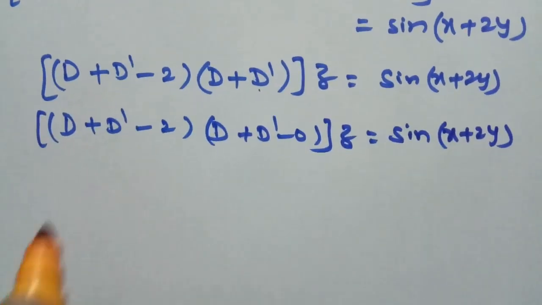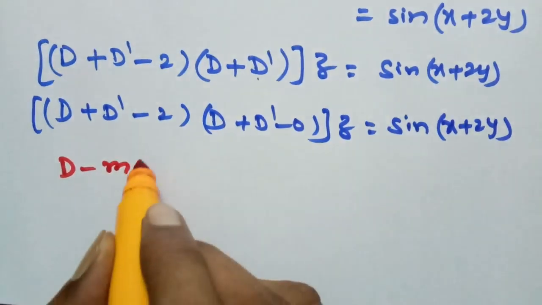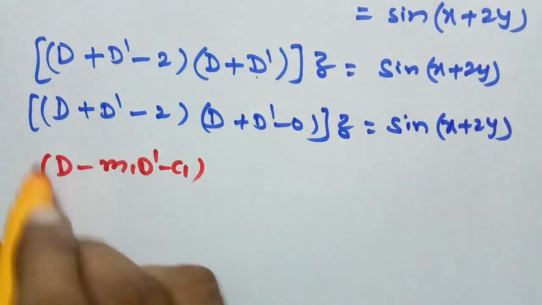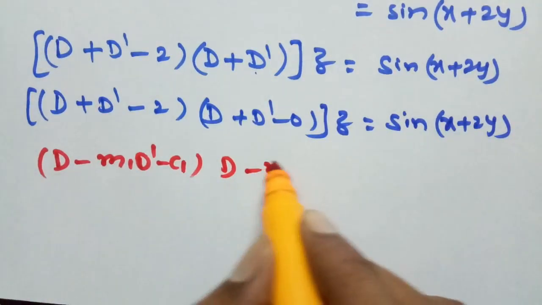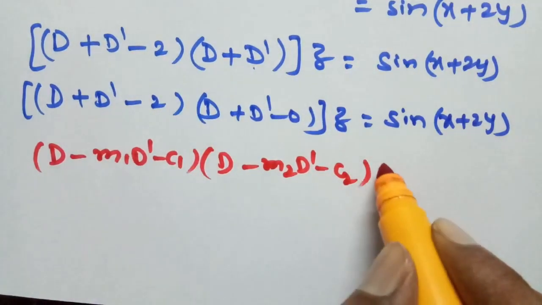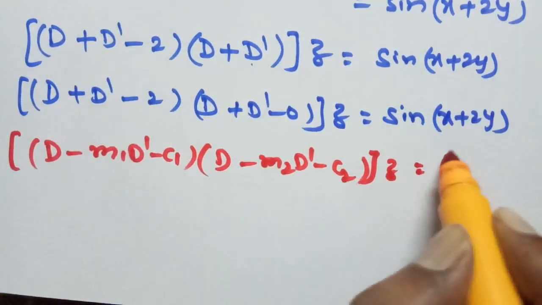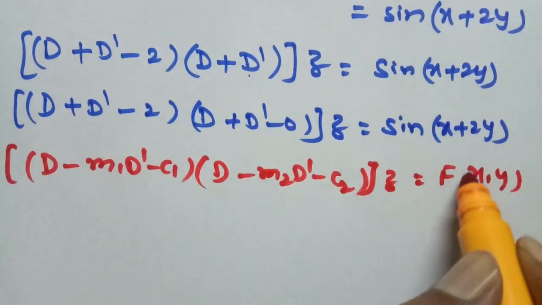Therefore this is of the form D minus m1 D dash minus c1, D minus m2 D dash minus c2, into z is equal to f of x comma y.